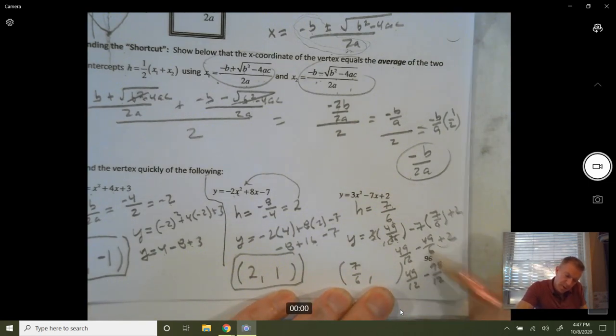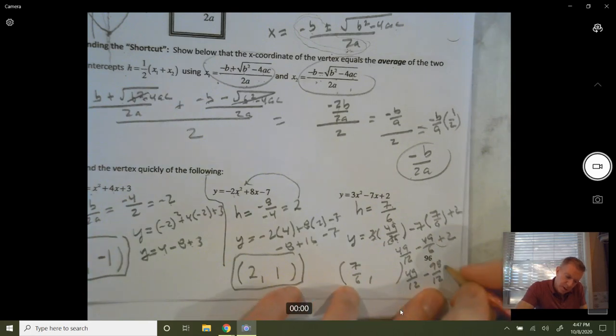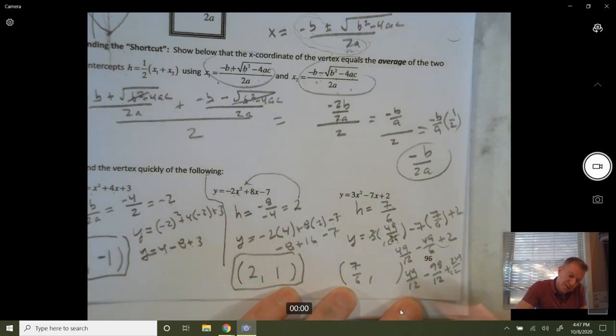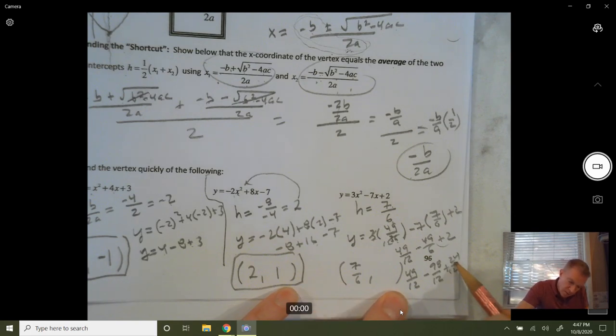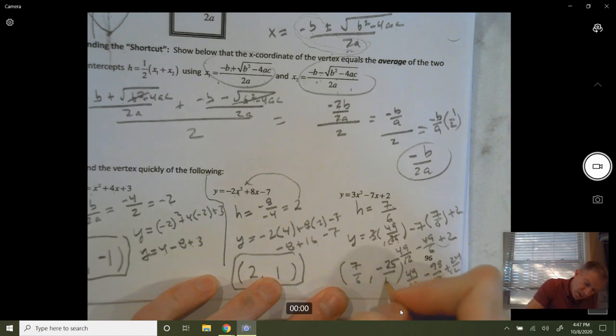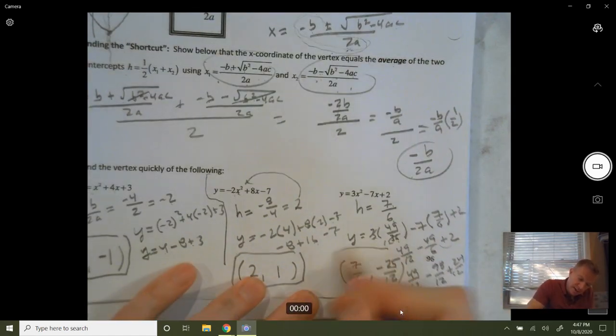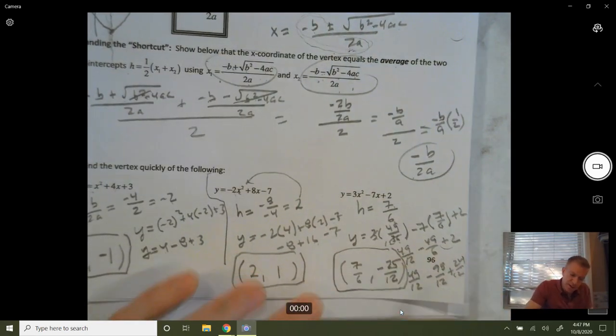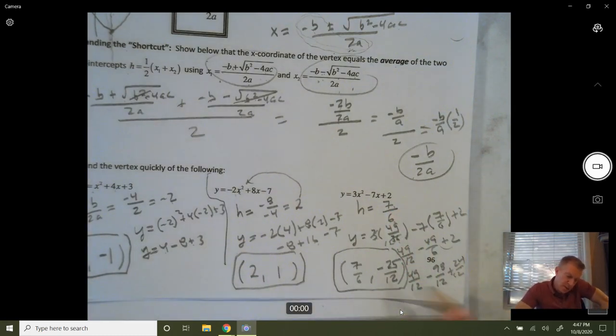So we have to multiply by 2, plus 24 over 12. Okay, so that gives me negative 49 over 12 plus 24 over 12, which gives me negative 25 over 12. I think that's right. And I know that's a pain in the neck, but yeah, that's what you would have to do.